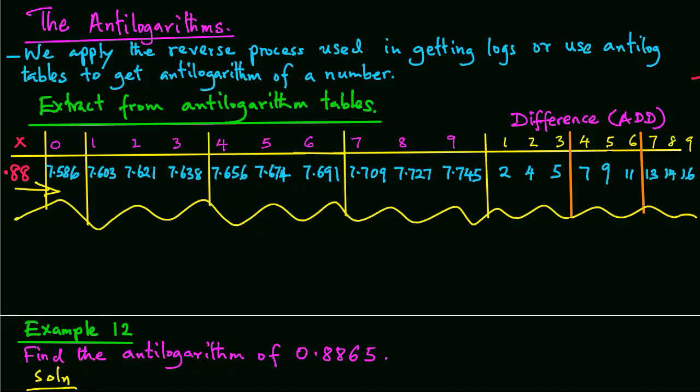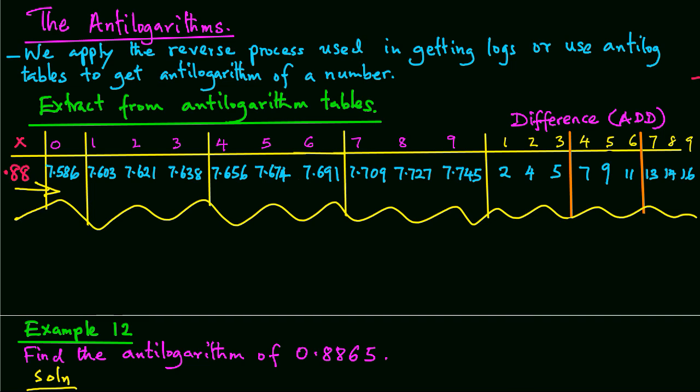So let's talk about the antilogarithms. Now, to get the antilogarithm of a number, we simply apply the reverse process that was used in getting its log.